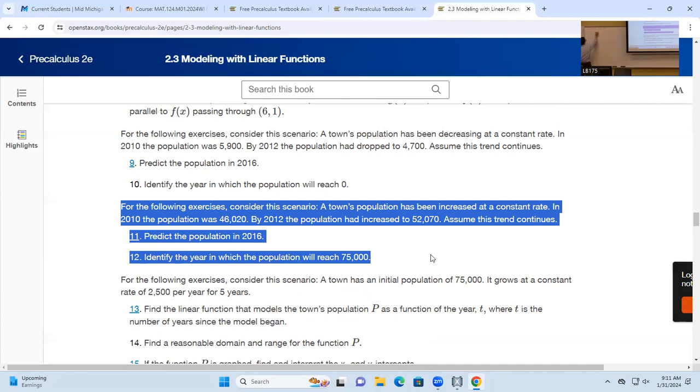In 2010, the population was 46,020. In 2012, the population was 52,700.